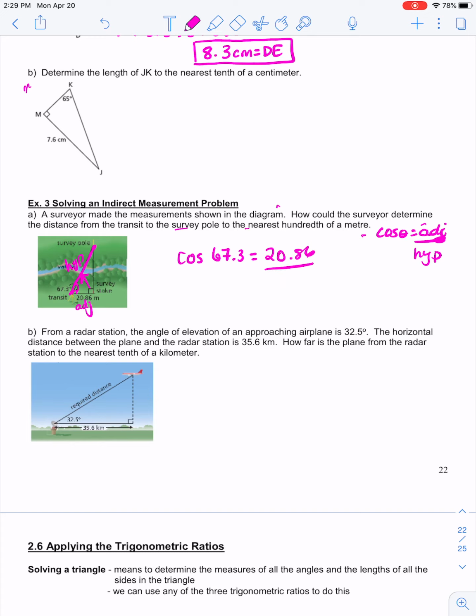So I'm going to do cos of my angle, which is 67.3, is equal to my adjacent side, 20.86, divided by my hypotenuse, which I don't know, so I'm just going to label it as hypotenuse. Now I'm going to set it equal to a ratio, so cos 67.3 over 1. I can do that; it doesn't change the outcome of the answer at all. It just makes it easier for me to solve.